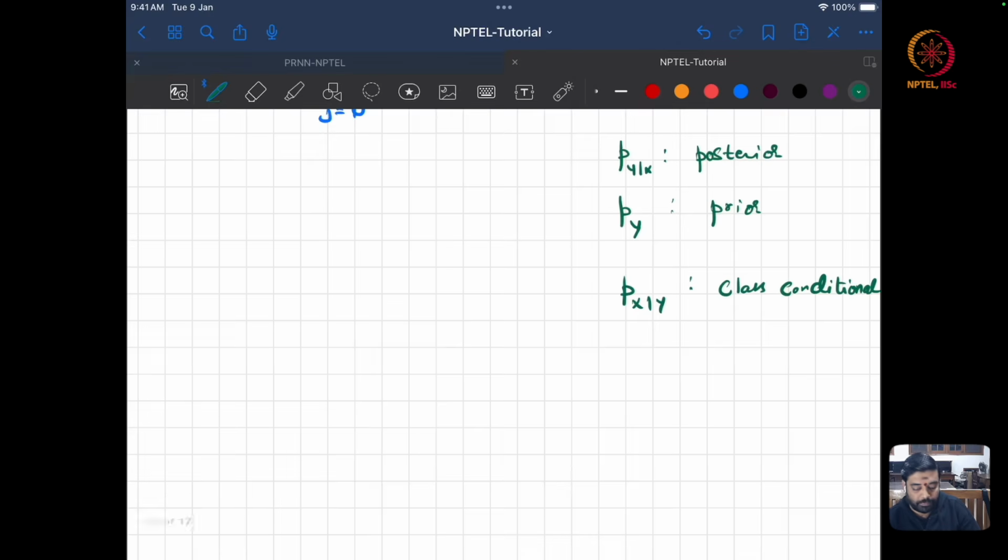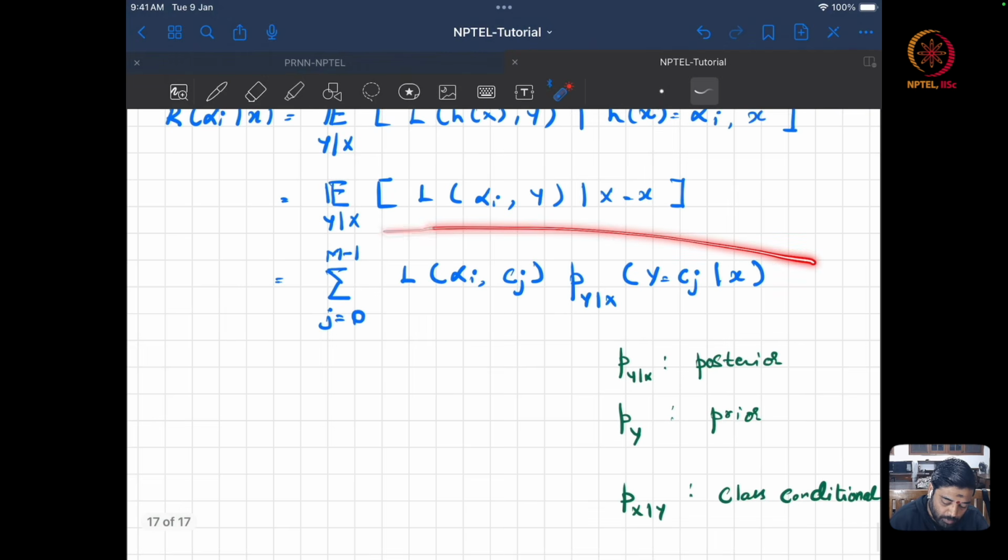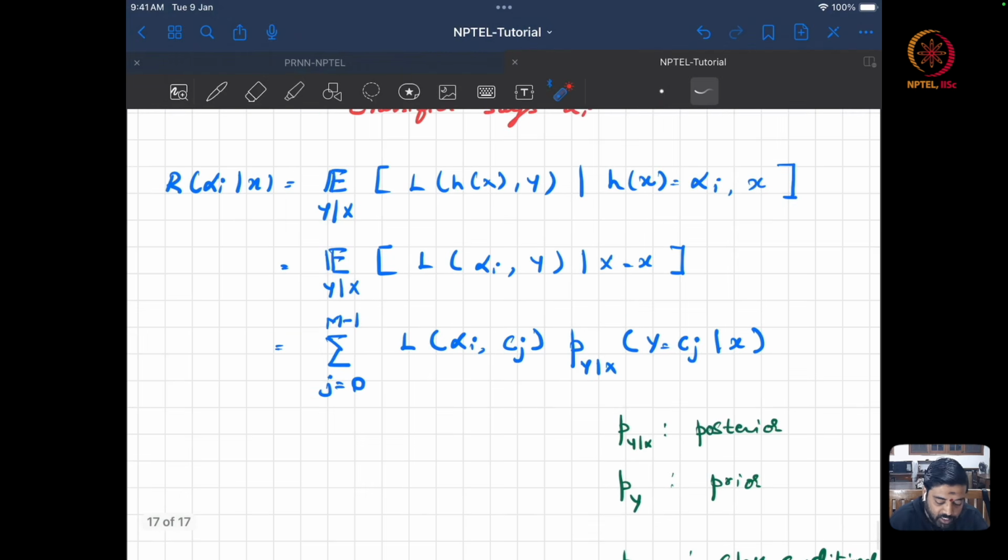So this is posterior. Now this is a much more generic view of looking at the risk.